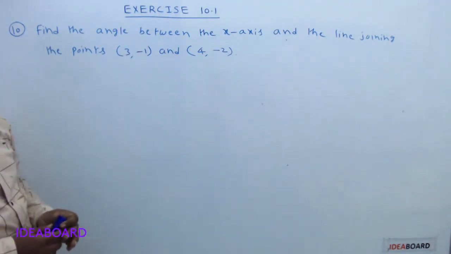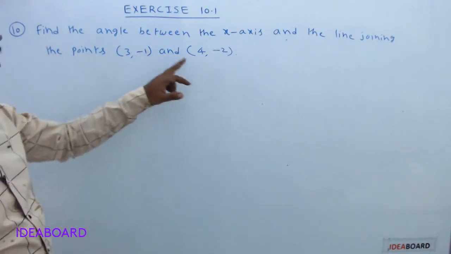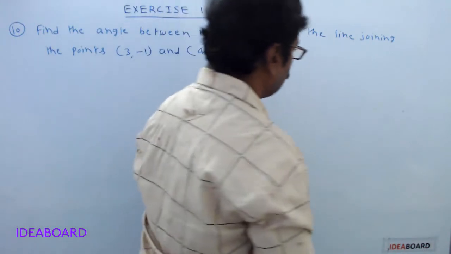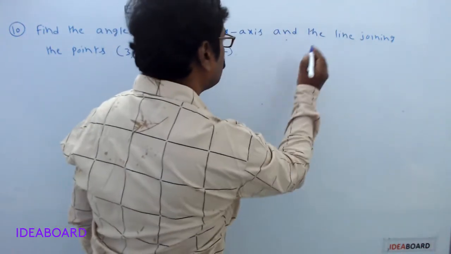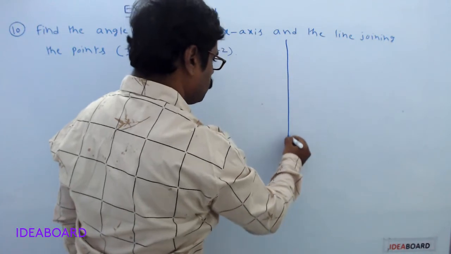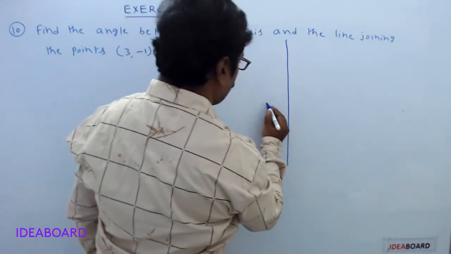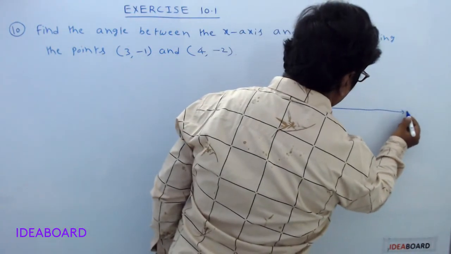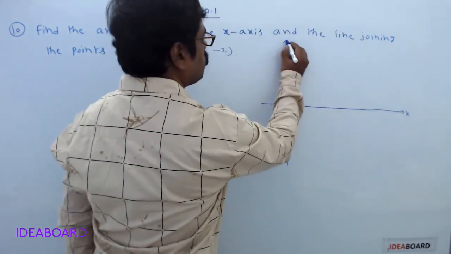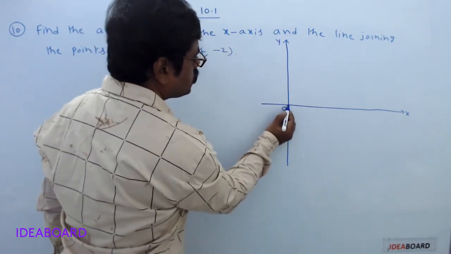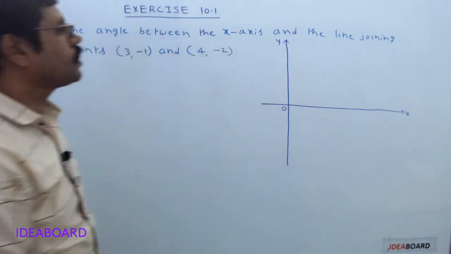First draw the coordinate axis, then plot these 2 points in your xy plane. Suppose this is x-axis, this is y-axis, their point of intersection is origin.